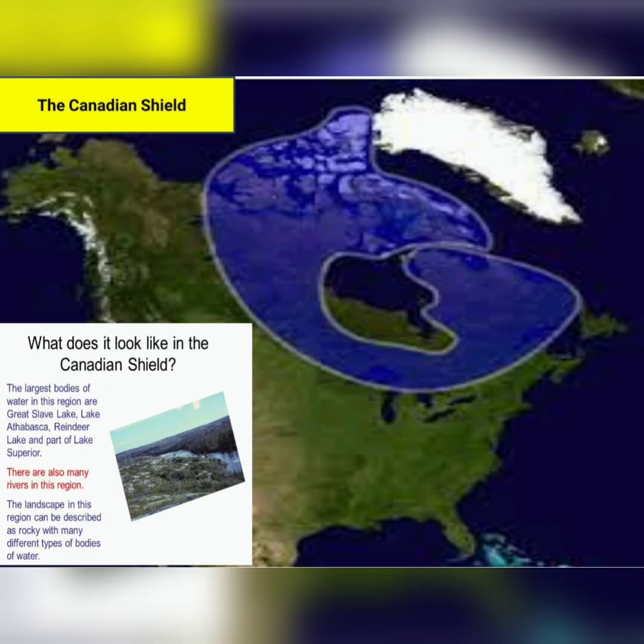The Canadian Shield. This area is one of the oldest parts of this continent, like the Gondwanaland part of our country. This shield covers nearly half of Canada in the north, and the rocks of this area are very hard.